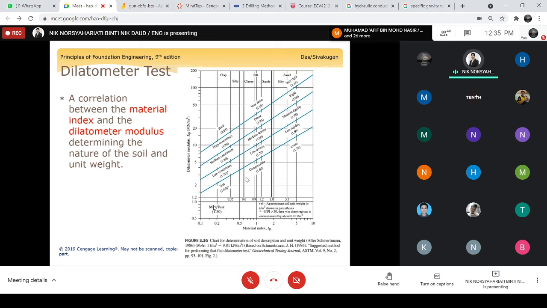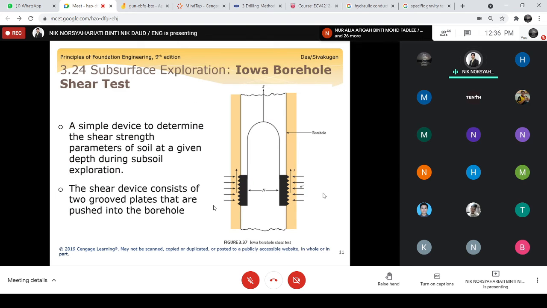At the same time, you can determine the nature of the soil and the unit weight of the soil. It is simple here: if it's clay and if it's hard, you can find out the unit weight, and if it's high consistency, and also the rest of it. So you can have a look. This chart or graph makes your life easier compared to the calculation part.